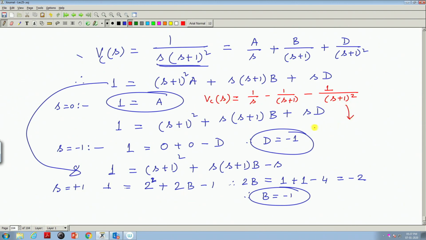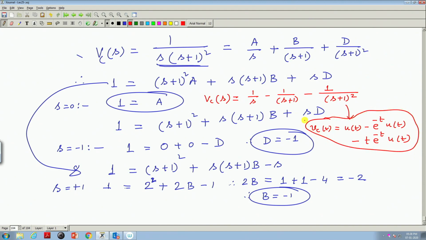Therefore, from this I will say V_C(t) is equal to unit step, this one is minus e to the power minus t into u(t), and this one, right now we have seen, is equal to minus t into e to the power minus t into u(t). So, this will be the capacitance voltage.